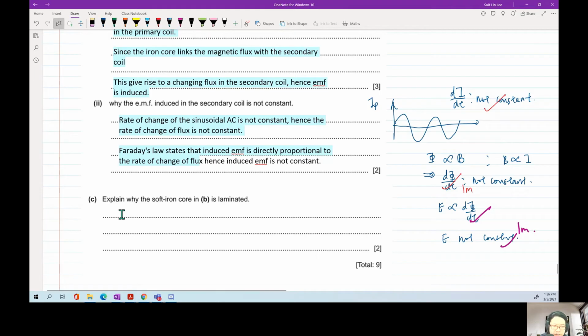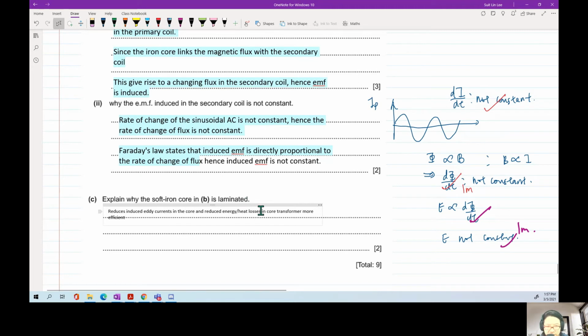Okay, explain why the soft iron core is laminated, because we don't want eddy current. The whole idea is it reduces induced eddy currents in the core, and thus energy or heat loss, making the transformer more efficient.